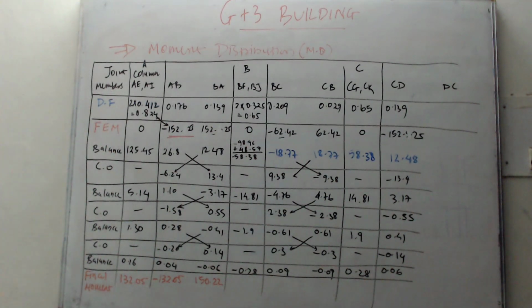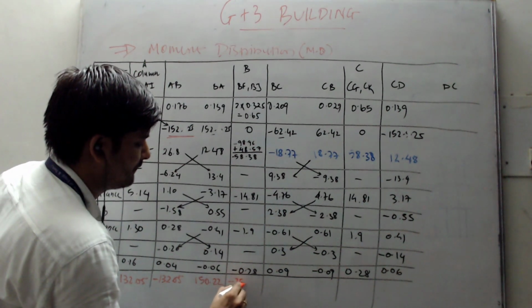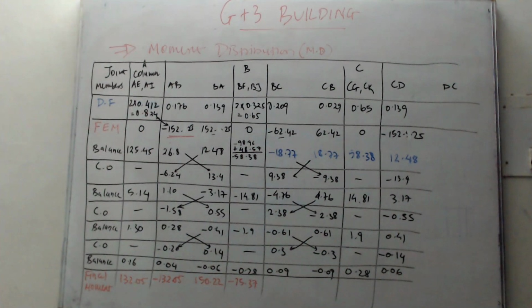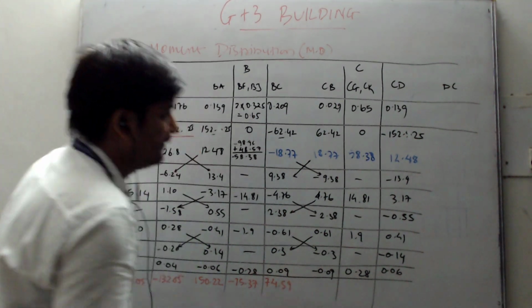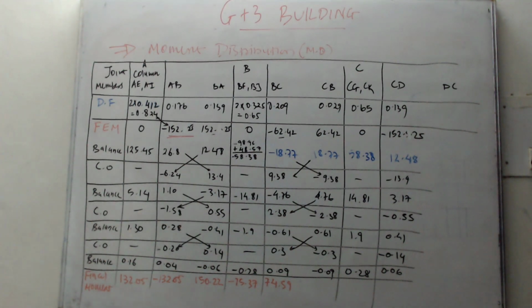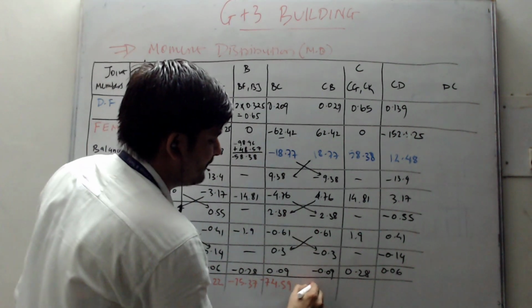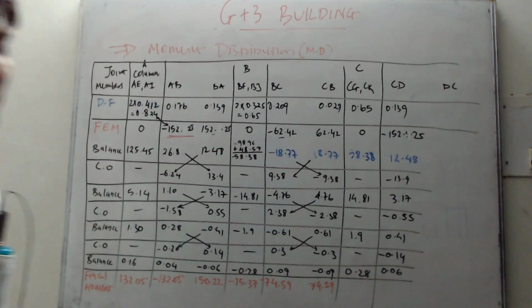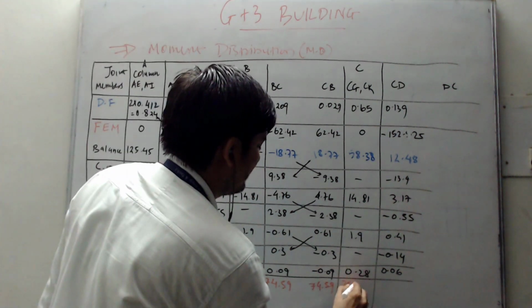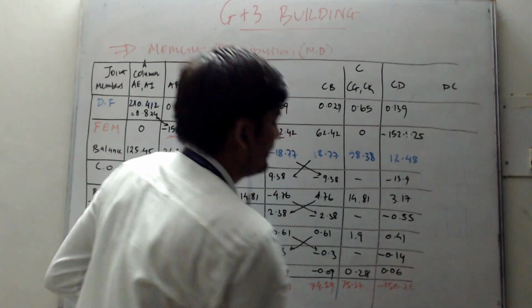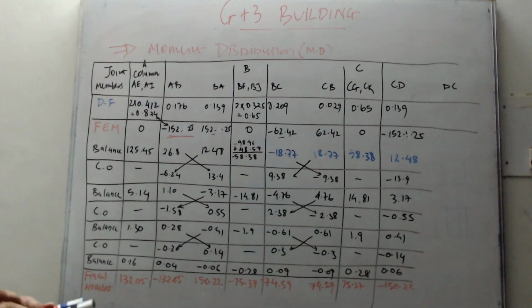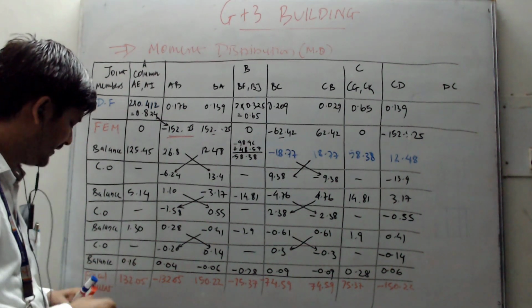For B point it is minus 75.37, then 74.59, and again it is 74.59. So this is 74.59, at C point 75.37, and last minus 150.22. So this completes my moment distribution method, and we have calculated the final moments.